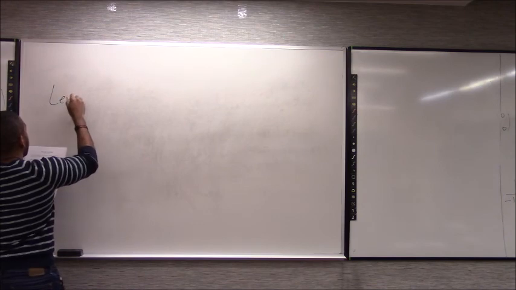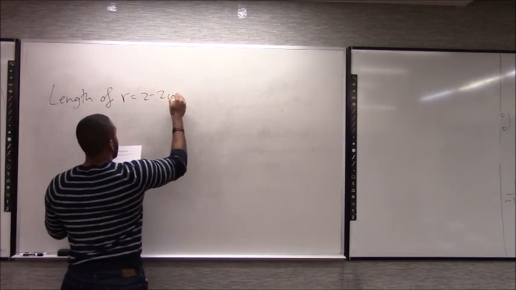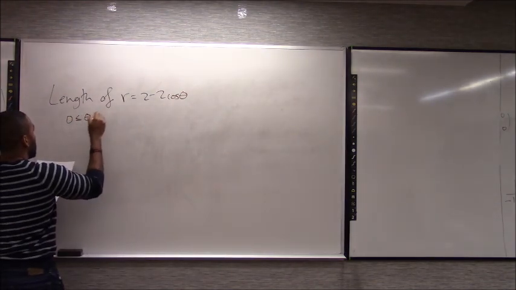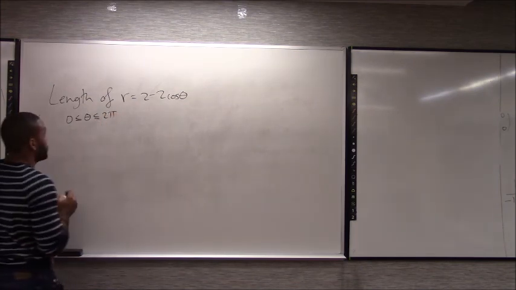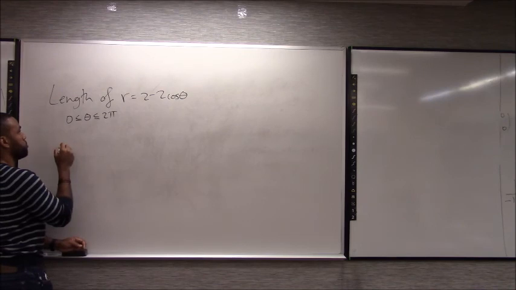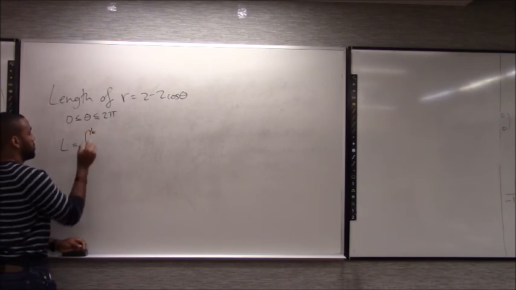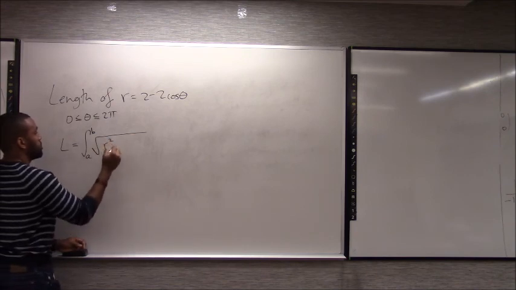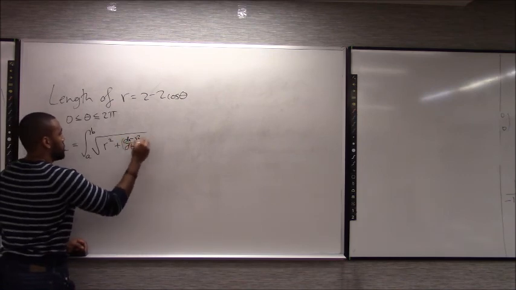Find the length of r equals 2 minus 2 cosine theta on 0 to 2 pi. Okay, so what's the formula here? Length equals the integral from a to b of the square root of r squared plus (dr d theta) squared, d theta.